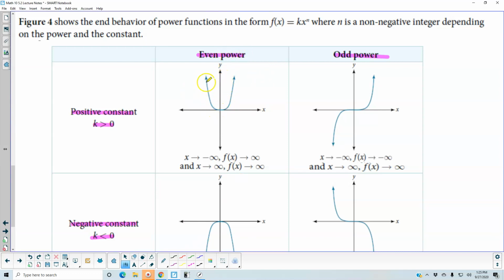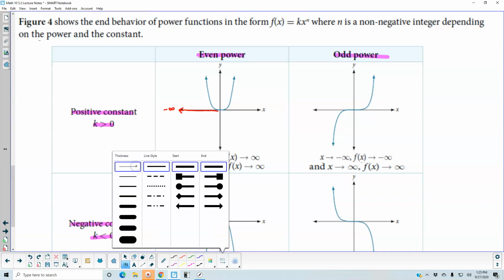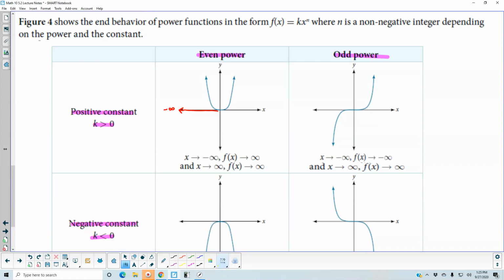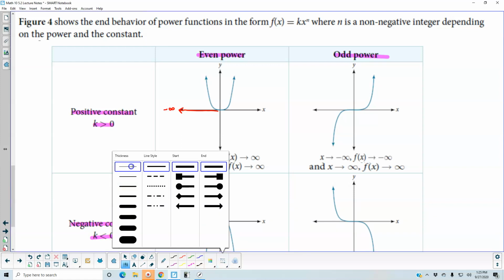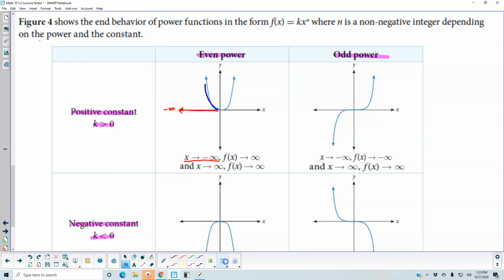You can see on the left side that this graph is going up on the left and also going up on the right. The way to look at this is that on the x-axis, as x is approaching negative infinity, the value of the function on the left side is approaching positive infinity.